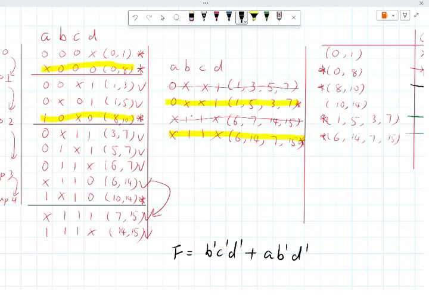And the next term is A naught, B is not there, C is not there, D positive. And A is not there, B C. Okay, that's it. All right, that's the final result.